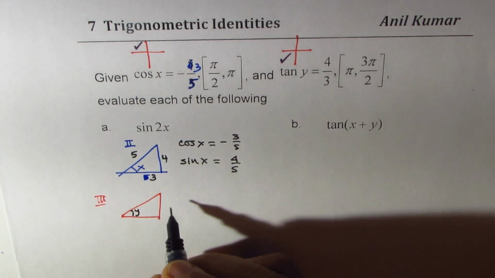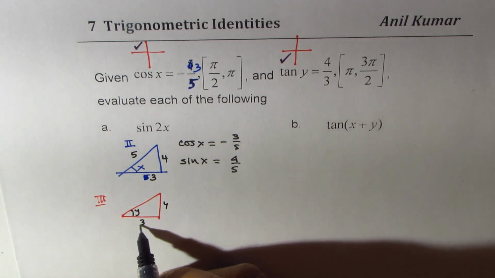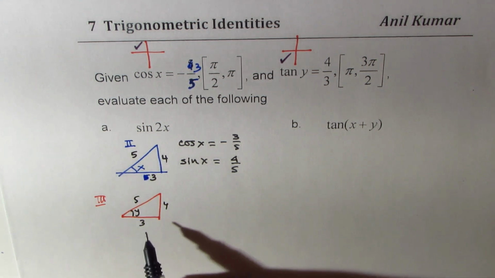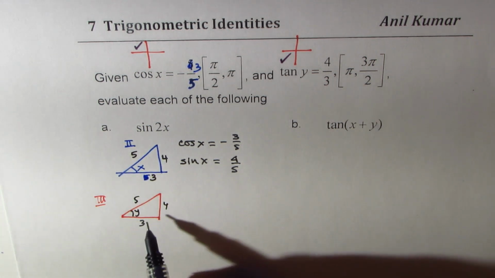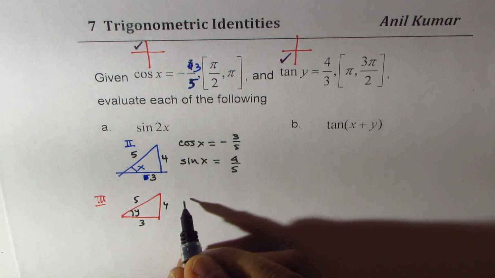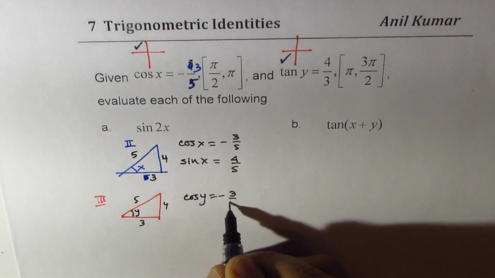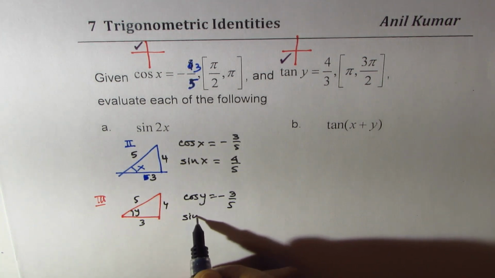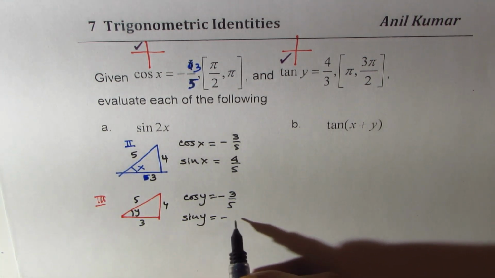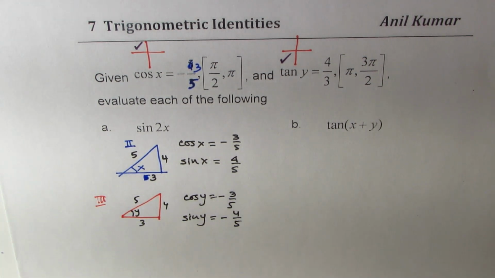So this is y. Then it is 4 over 3. And this is 5. Since you are in quadrant 3, sine and cosine are negative. So in this case, cos y will be negative 3 over 5. And sine y is going to be negative 4 over 5. Correct? So we know all the values.